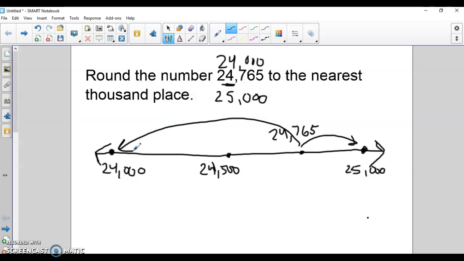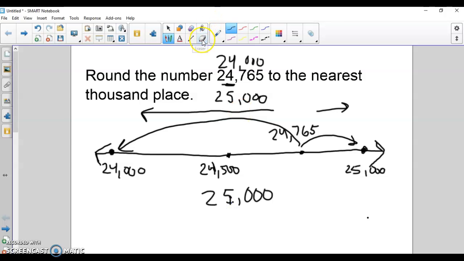We would rather walk forward this many than walk backwards that many. Essentially, you're moving about 235 to the right, whereas moving back 765. So this number rounded to the nearest thousand is 25,000.